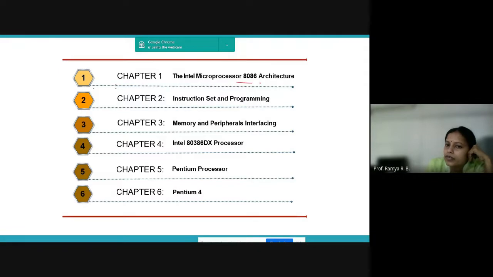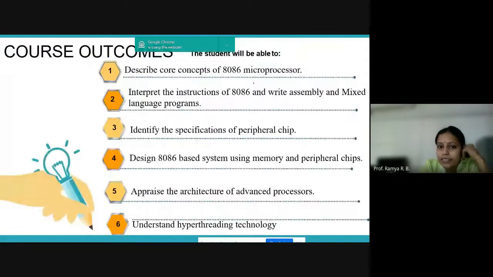In the first module, you will be learning about the 8086 processor, architecture, its pin diagram, the features like memory segmentation, modes of 8086, all this you will be learning in the first module. So once you learn that, you will be able to describe the core concepts. These core concepts are actually similar in all higher processors also.